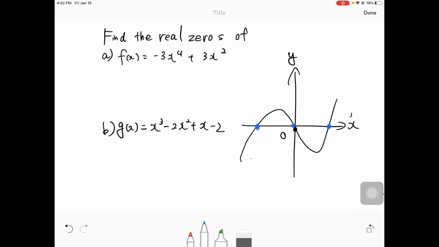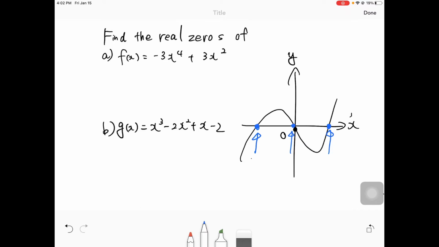Okay? Then what is 0? The zero is the x value of each x-intercept. So all you have to do is find the x values of the x-intercepts. But how can you find it?